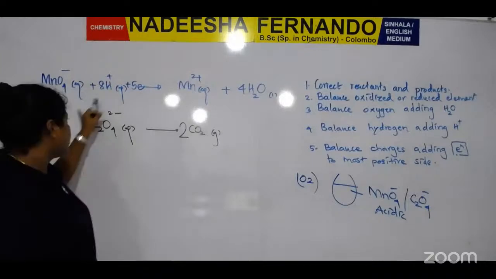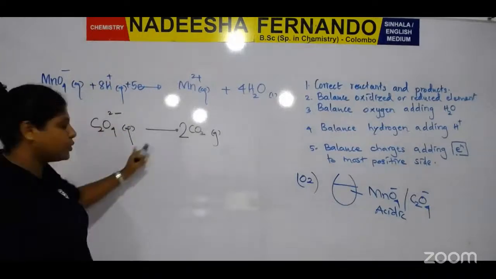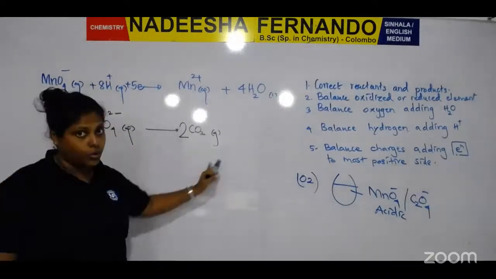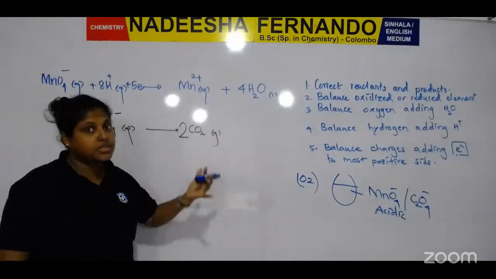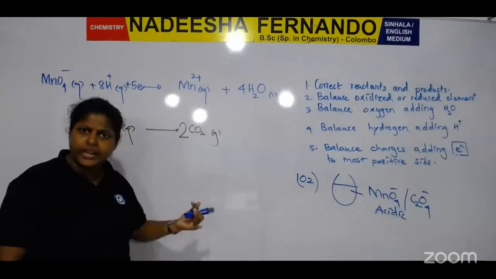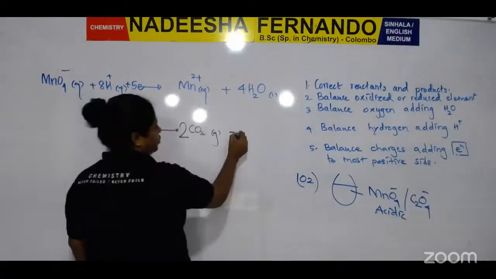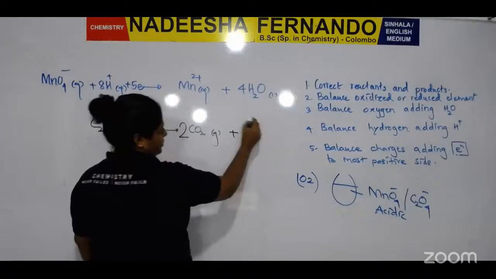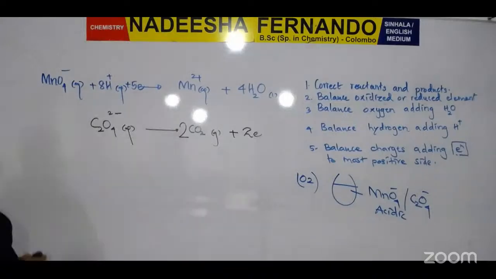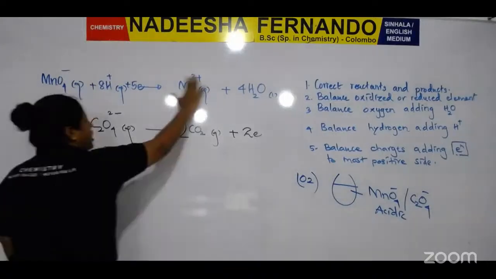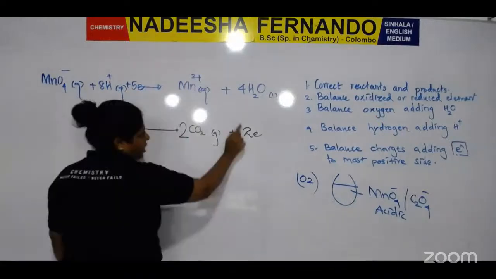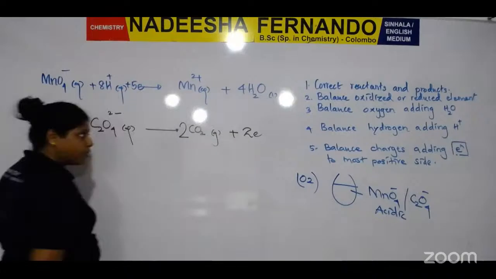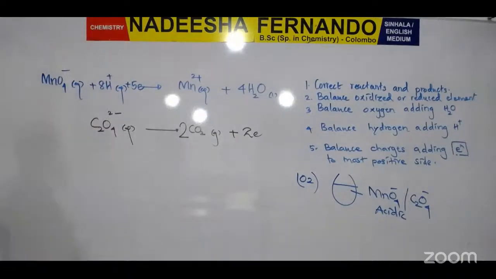Overall charge here is minus 2, here 0. To get the same charges, we have permission to add electrons only. How many electrons should be added? 2 electrons to the product side. So this is the reduction half reaction because electrons are needed. This is the oxidation half reaction because electrons get removed. So these two are half reactions.